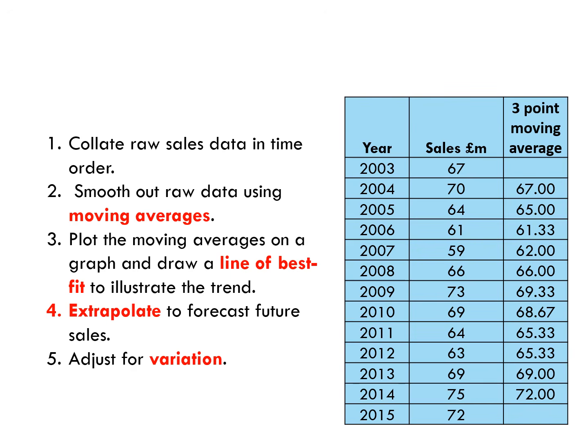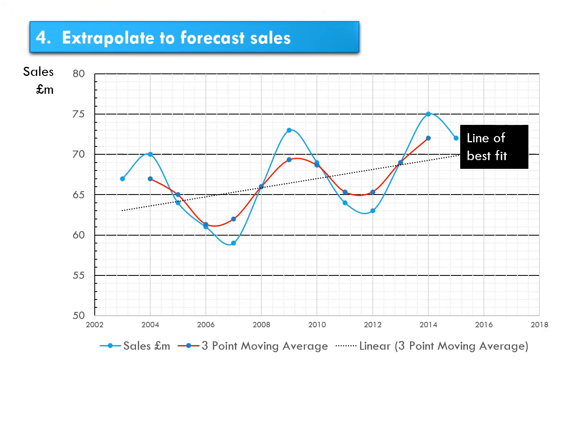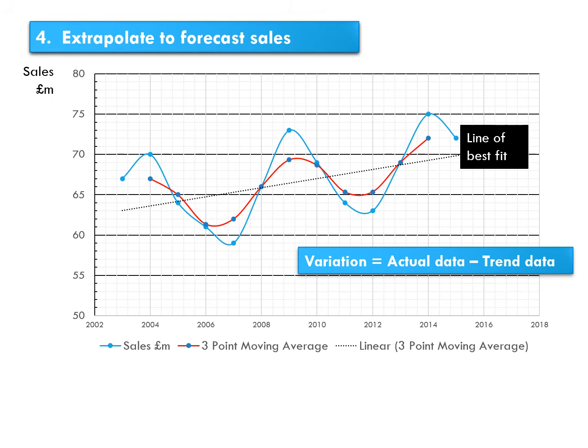So you might have thought that that's all the steps, but actually there is a last step here, and that final step is called adjusting for variation. So I've got my line of best fit here and I've extended it, but actually my line of best fit won't necessarily be completely accurate against my actual data. And there might be some variation that I've missed out.